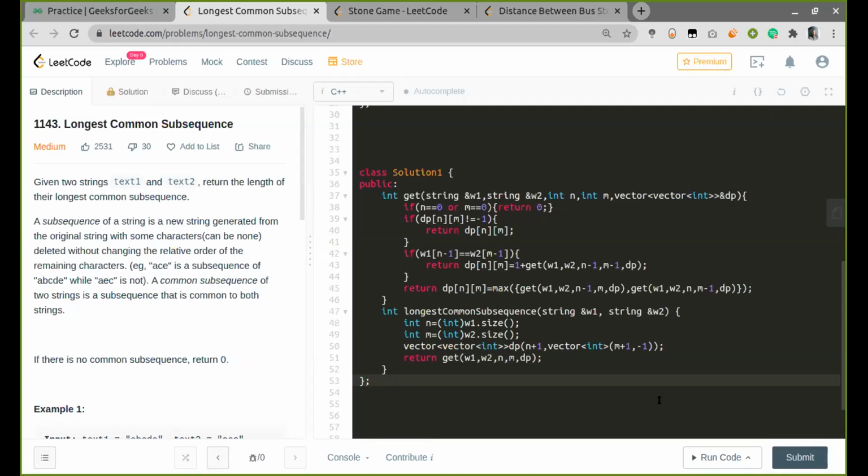So the first two are W1 and W2, the two strings you are passing, and then you pass n and m, the lengths, and then the memo. So the base condition is when both of them are zero, when you are at the first index of both strings, then you return zero. And if both characters are the same, then you are incrementing by one. That is what you are doing on line number 40.